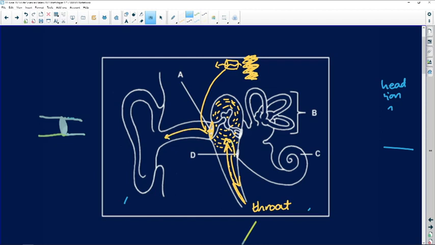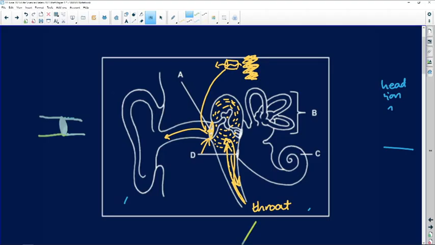It's supposed to drain down the eustachian tube, but if the eustachian tube is blocked itself, we need another way, because if the pressure builds up and builds up and builds up, it's going to burst that tympanic membrane.